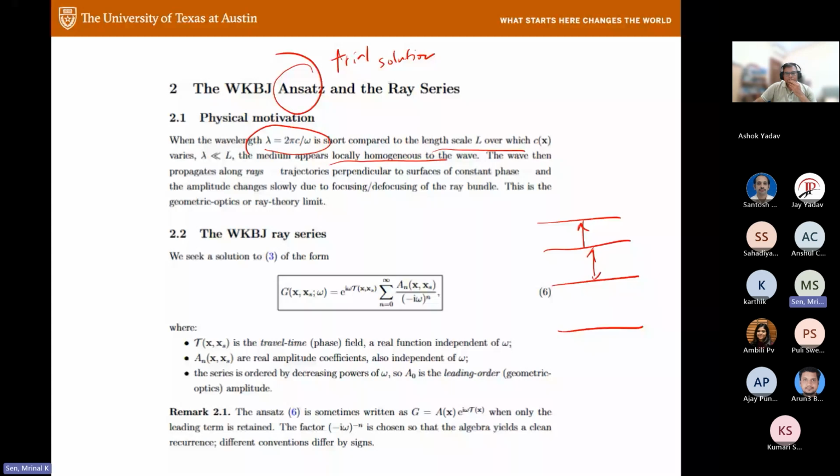In this case, what we are saying is that the medium is such that the wavelength is short compared to the length scale, so it can be locally treated as a homogeneous medium. But then what we really have to see is how we can compute the travel time and the amplitude.